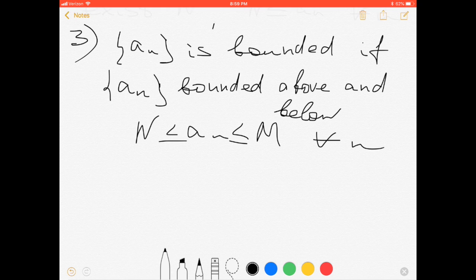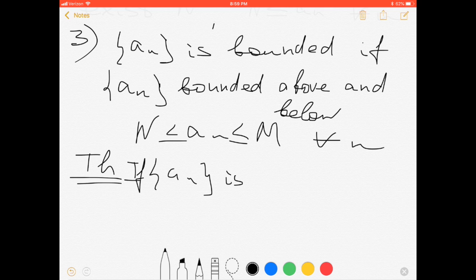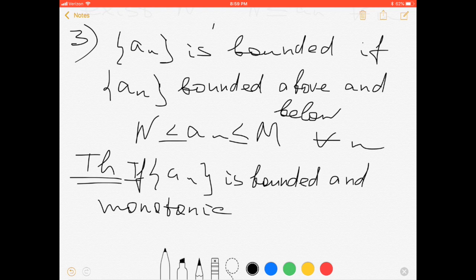And now we have a very important theorem. If our sequence is bounded and monotonic, then it converges.